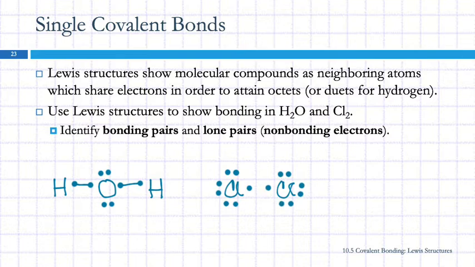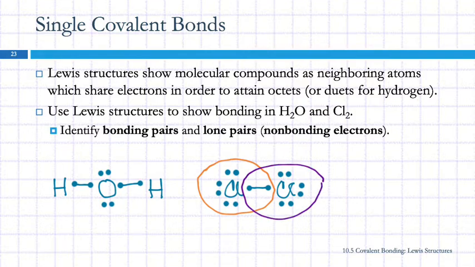Neither is willing to give up an electron, but they're willing to share. So if they each share 1 electron, then they each have now 8 because they count the shared electrons. Right, so this chlorine is looking at all of these. Those are mine. And the other chlorine is looking at all of these. Those are mine. They both have 8.